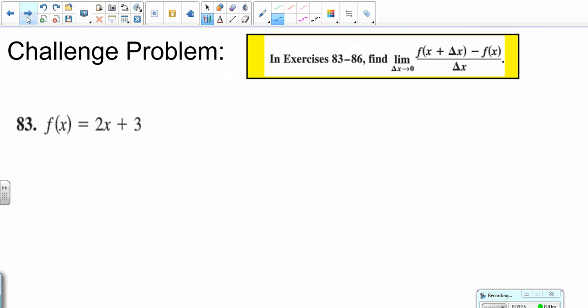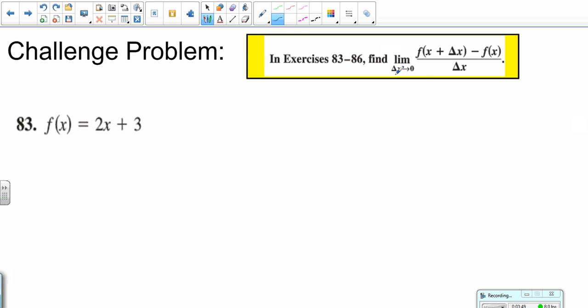Next up is the challenge problem. So it says in exercises 83 to 86, I pulled this from our textbook, the limit as delta x approaches 0 of f of x plus delta x minus f of x all over delta x. And you're probably thinking, wow, there's a lot of symbols going on here.